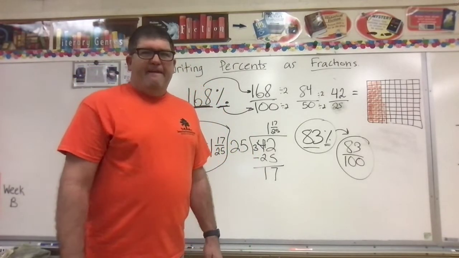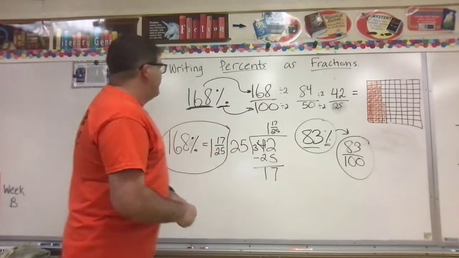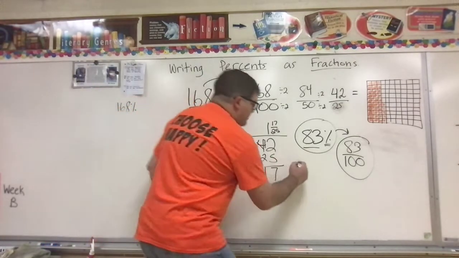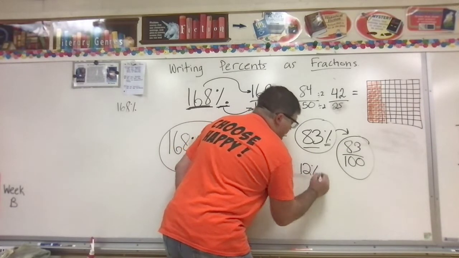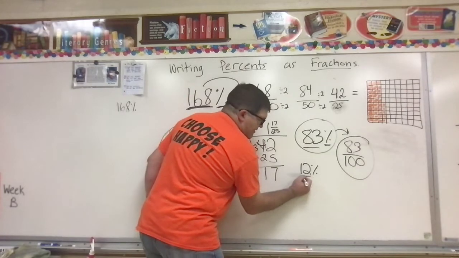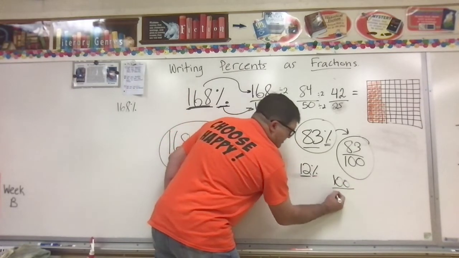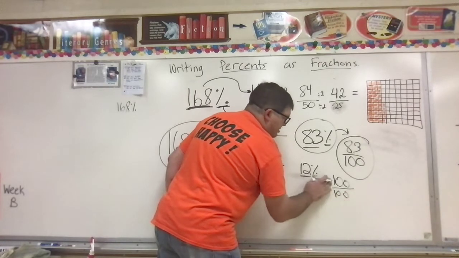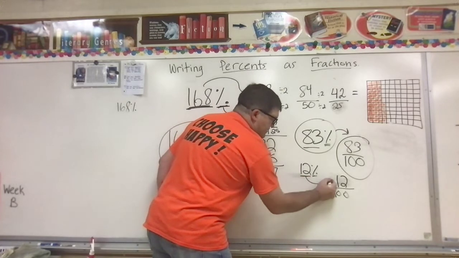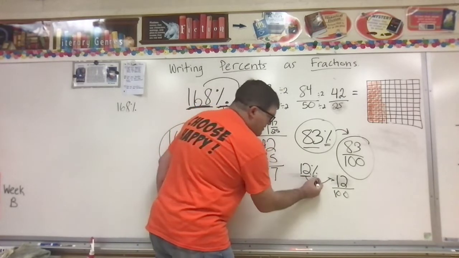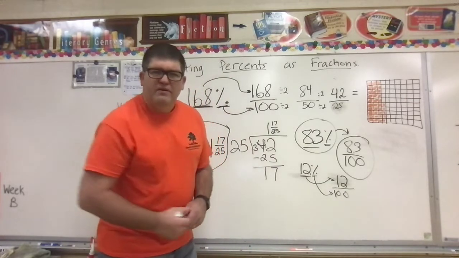All right. Hopefully, at the very least, you understand that you just take, I get 12%. You take your part, which is 12, put that on top, and your percent, which is always 100, on the bottom. 12 over 100.